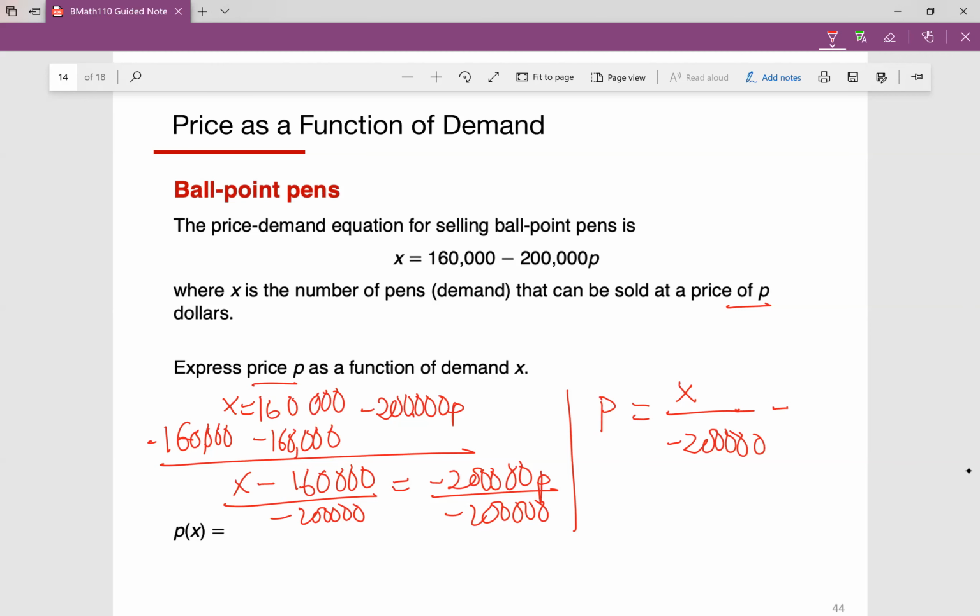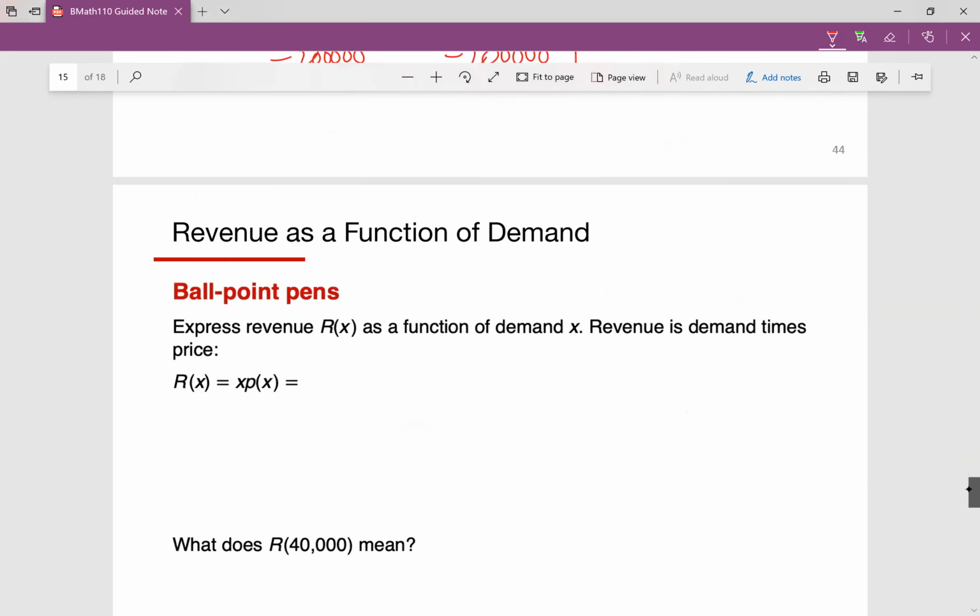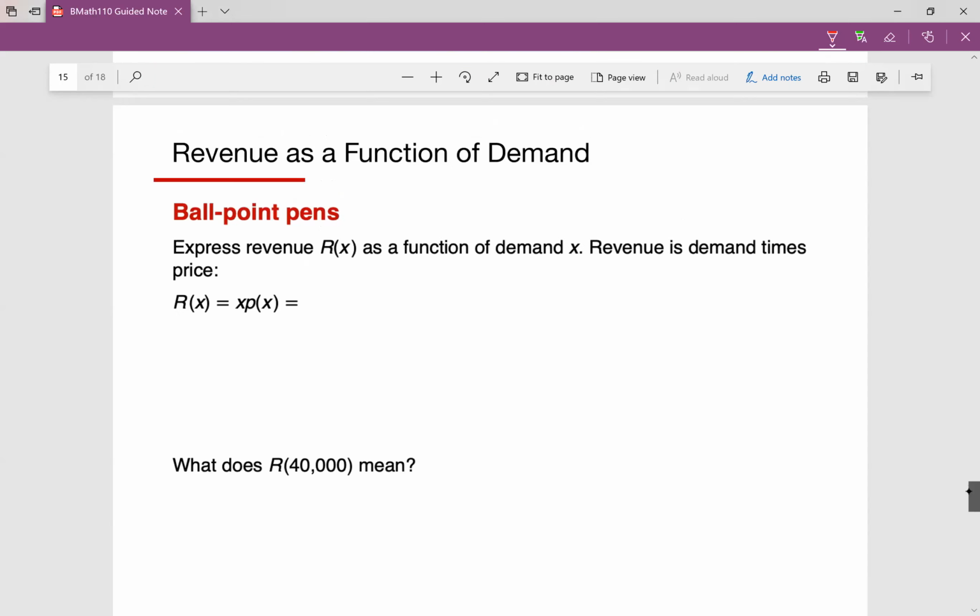So P equals x over negative 200,000 plus 0.8. Okay, then this will be the answer. Okay, last page.